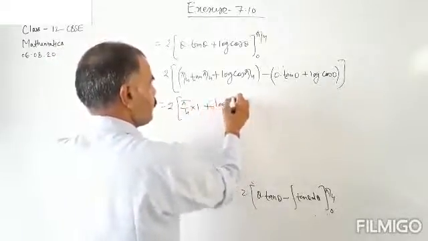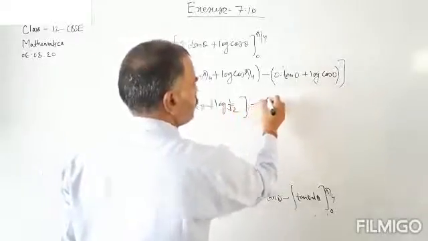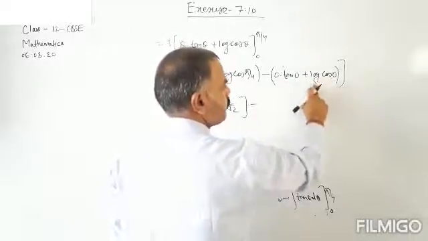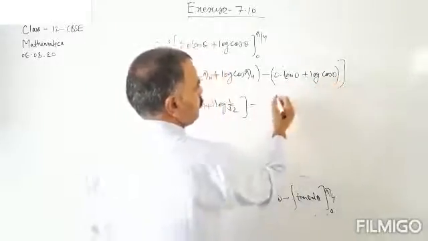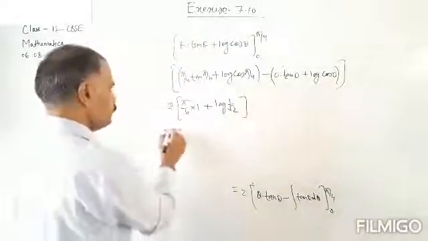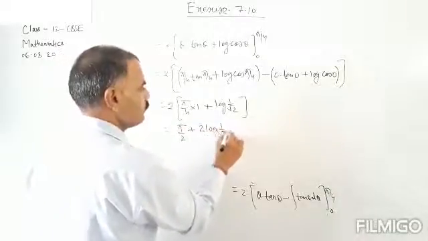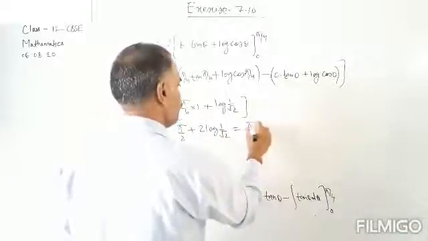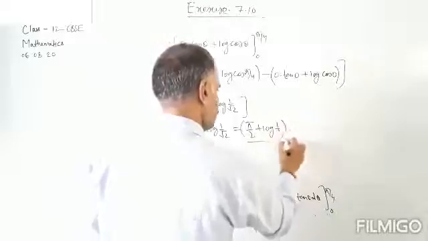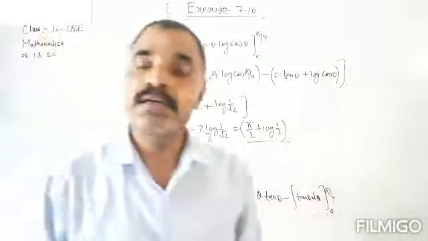Log cos pi by 4 is log of 1 upon root 2, minus 0, and cos 0 is 1, so log 1 is also 0. So this is totally 0. So it equals pi by 2 plus 2 log 1 by root 2, that is pi by 2 plus log 1 by 2. This is the final answer of the given integration.